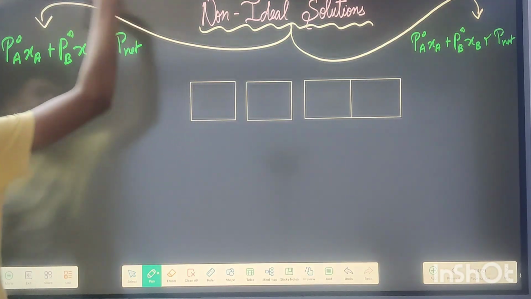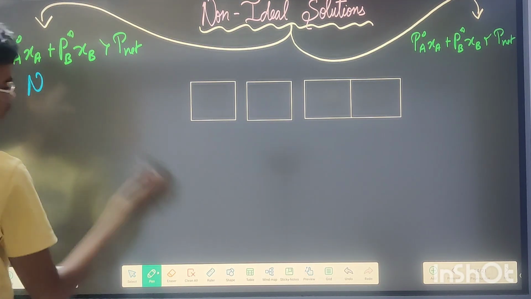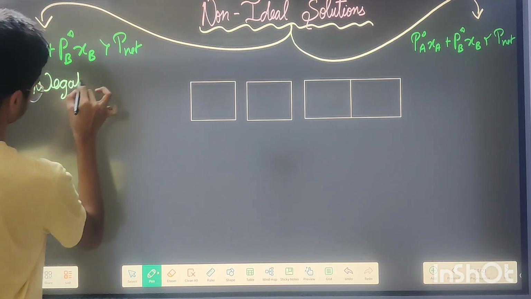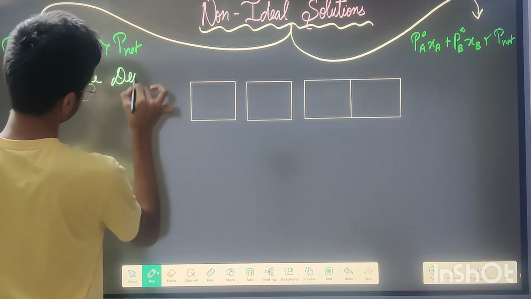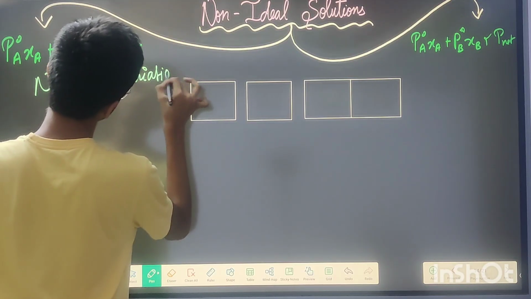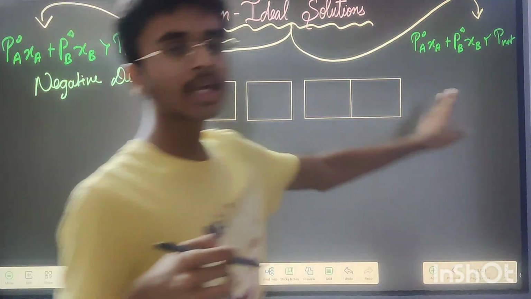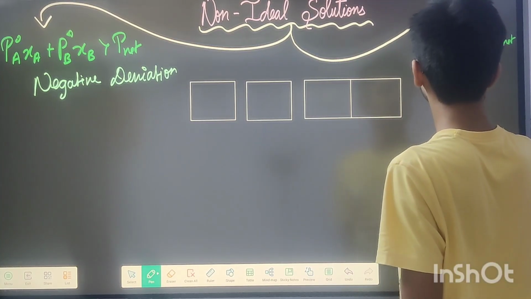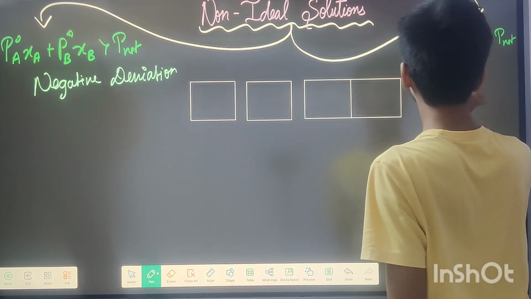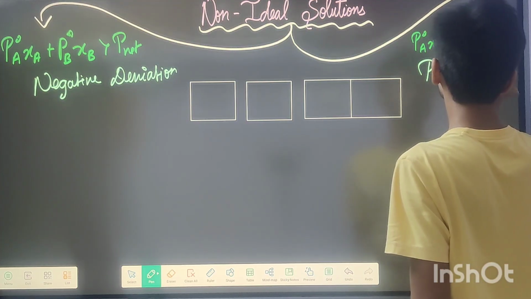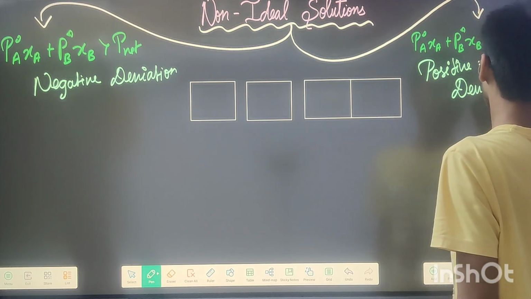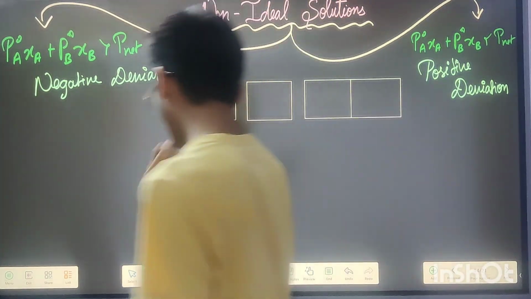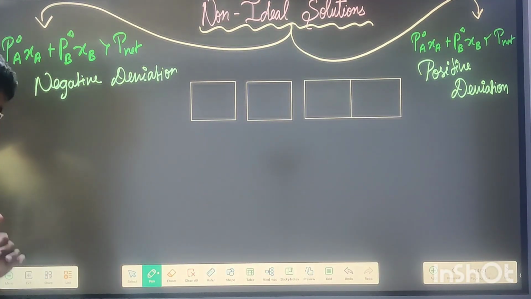This particular thing is also known as negative deviation, and this one is positive deviation. So coming to the case first, negative deviation, I said first.